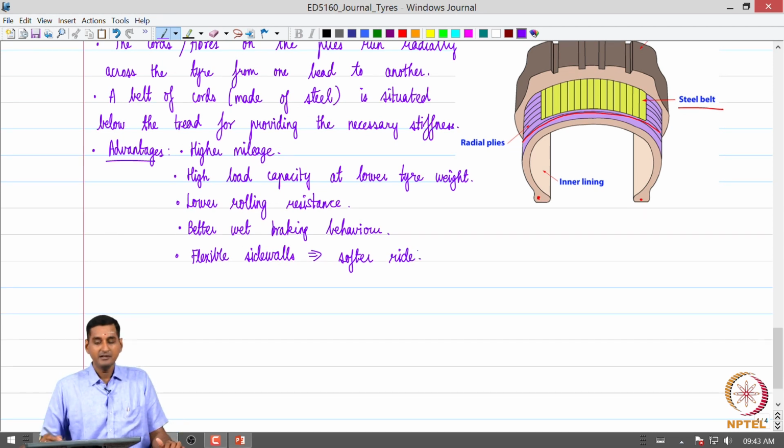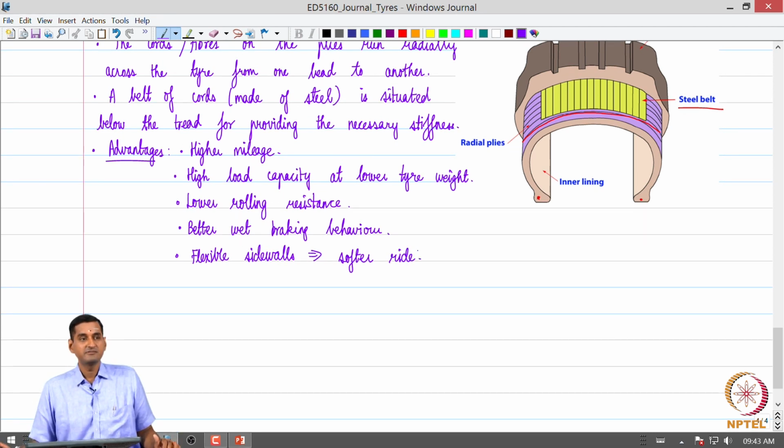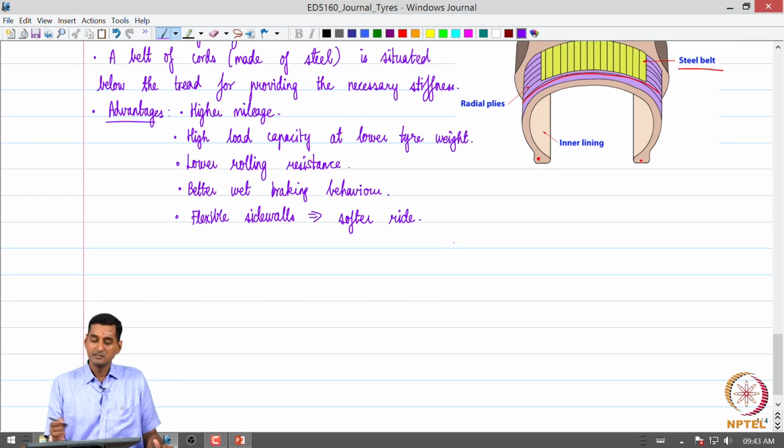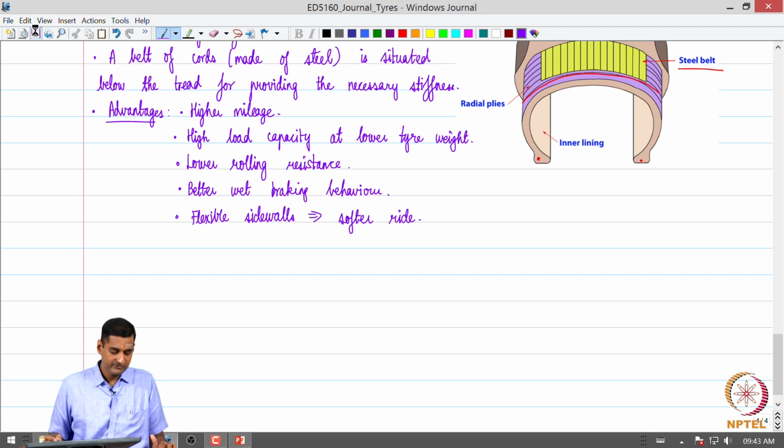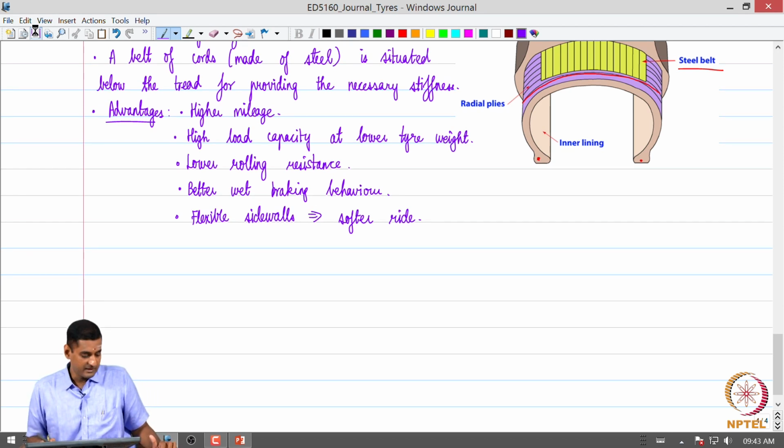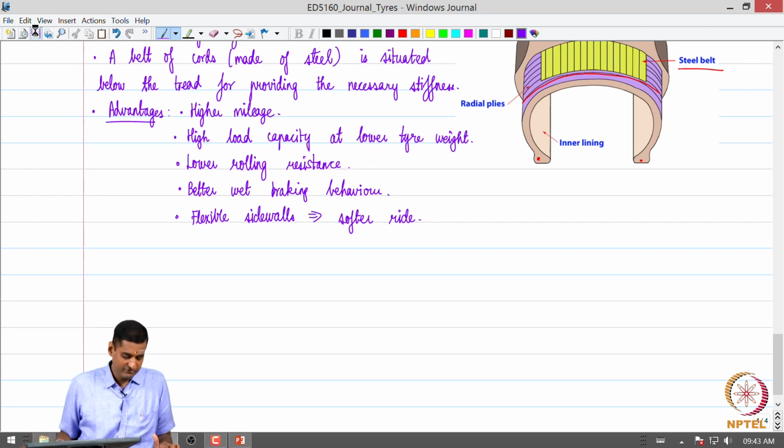These advantages have made them quite popular over bias ply tires, as a preferred choice for most automotive applications. Okay, so these are the bias and radial ply tires.